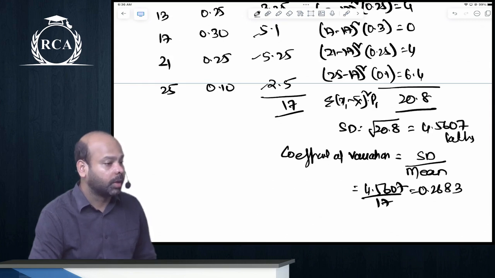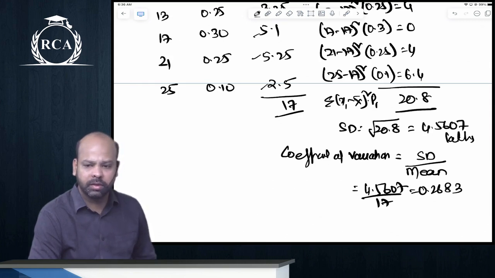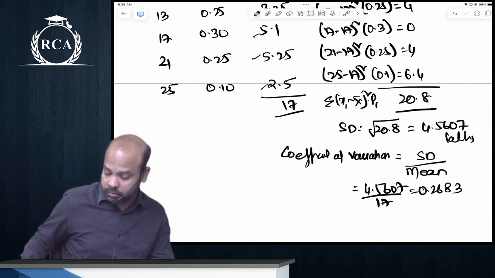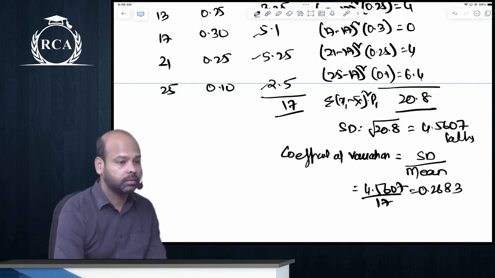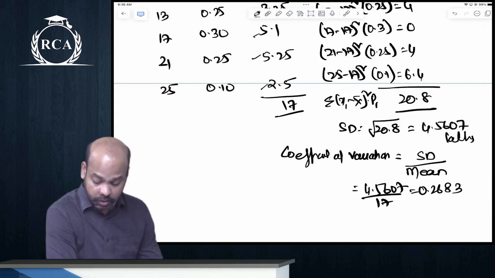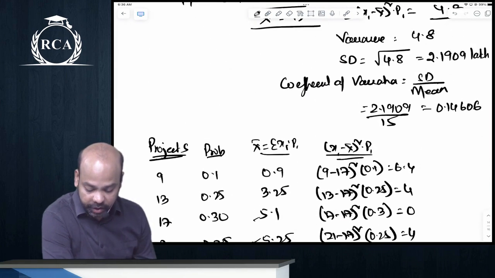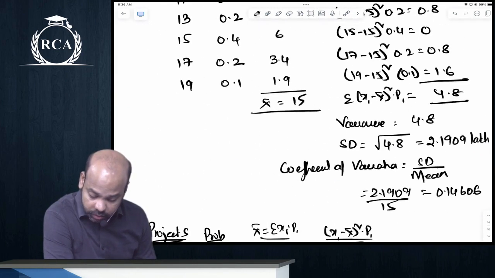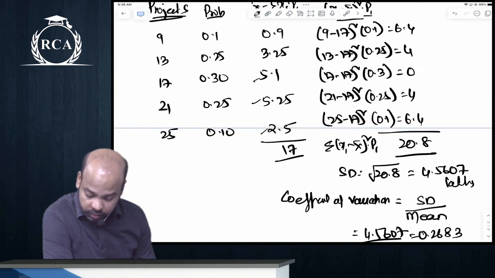Are we all clear about this? Which of the two projects is riskier? Will you take a decision based on both?